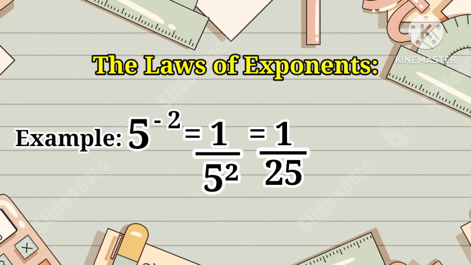Ang mangyayari po ay ililipat po yung 5 raised to negative 2 sa denominator para maging positive po siya, at magkakaroon ka ng numerator na 1. Kaya ang magiging answer niya ay 1 over 5 squared, at yung 1 over 5 squared ay magiging 1 over 25, kasi 5 squared is equal to 25. So, yung answer is 1 over 25.